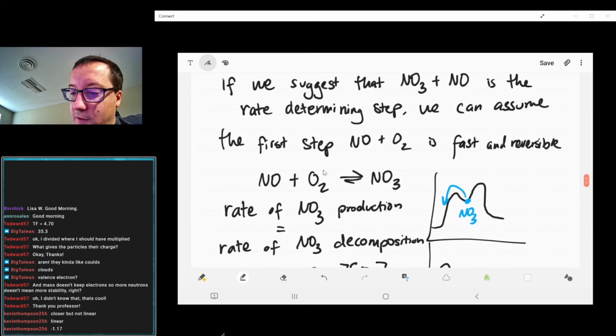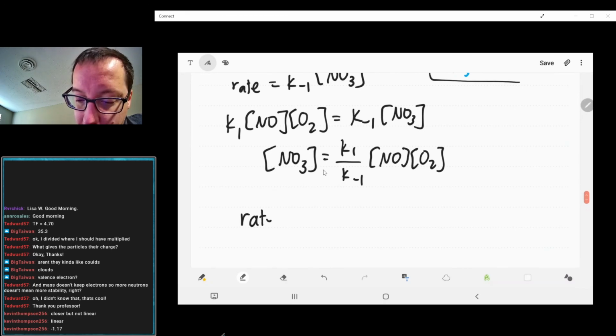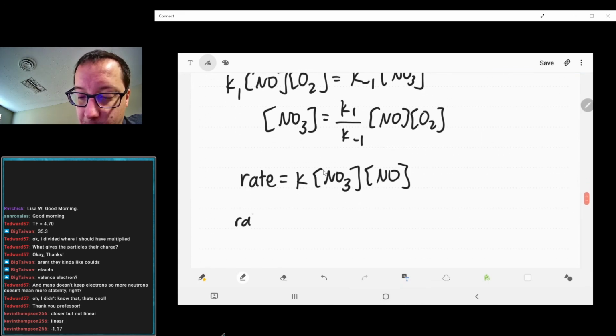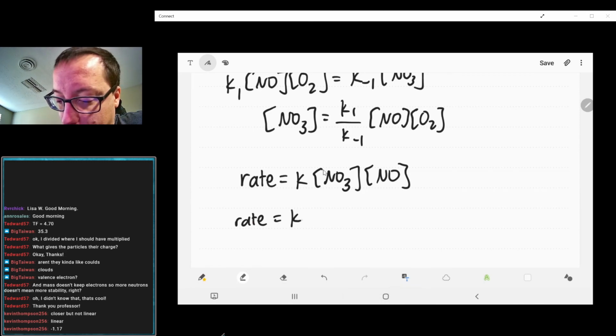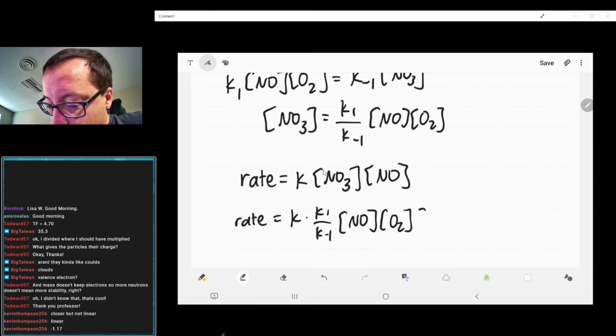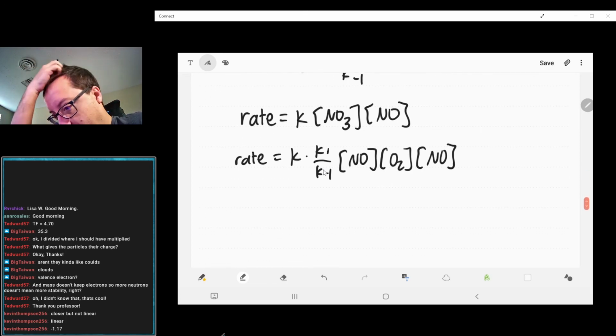If we saw that the rate for this entire step was NO3 times NO, and we plug this in, if I substitute NO3, oh, look where we're headed with this.